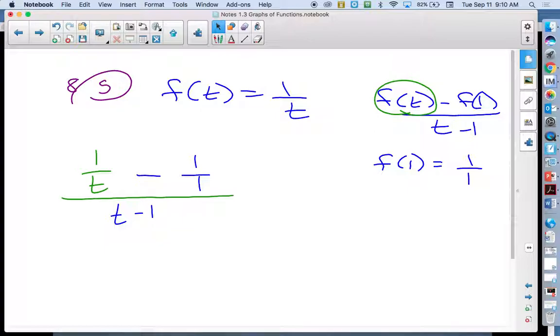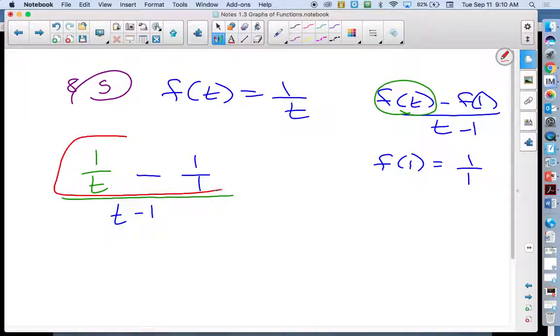Because there's a fraction in the numerator, just looking at the numerator part, this box up here, we need to combine those by getting a common denominator. So if you have 1 over t minus 1 over 1, what would you use as a common denominator? T. So that means the top needs a t and the bottom needs a t, so that it has the common denominator. So we have 1 minus t, because we multiplied by t.